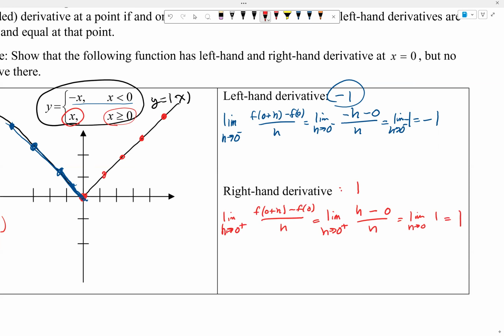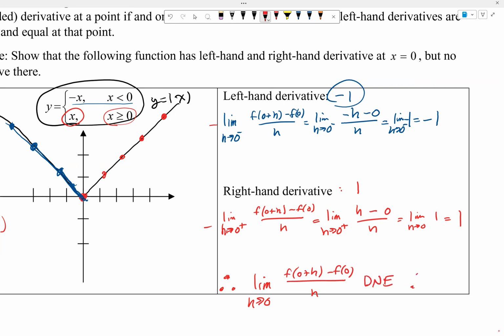All right, I've got these two limits, one from the left-hand side, one from the right-hand side, and they don't agree. My conclusion is that the overall limit, the limit as h approaches 0 of f of 0 plus h minus f of 0 over h, does not exist.